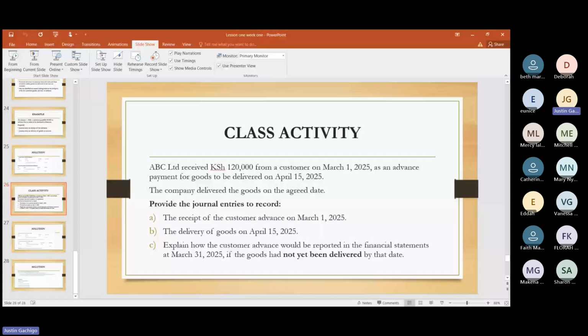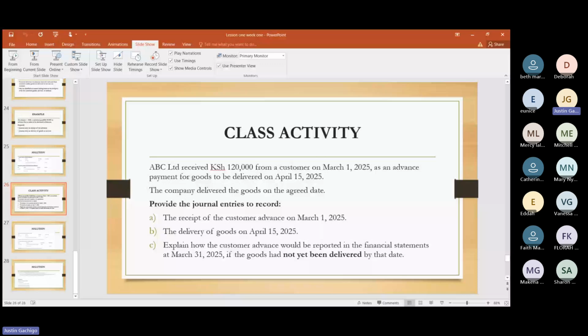Required, 1, the receipt of the customer advance. So we have said when the customer pays an advance, you need to debit the money that you have received, debit the cash with 120. Then you credit the customer advance with the same amount. When you deliver the good, debit the customer advance, and then you credit the sales.